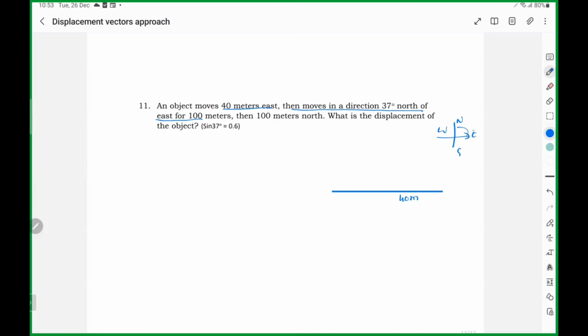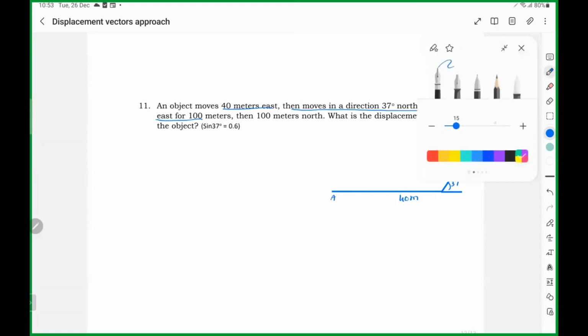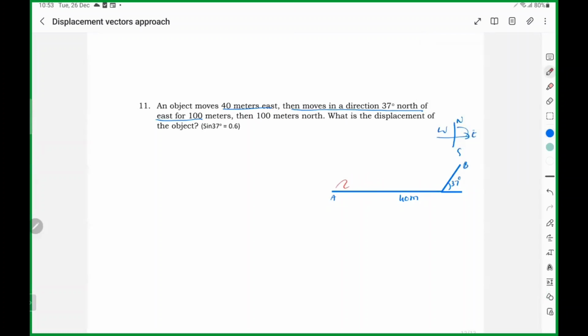So like this, 37 degrees. What is the displacement of the object? So here AB is the displacement, the shortest distance between initial point and final point.